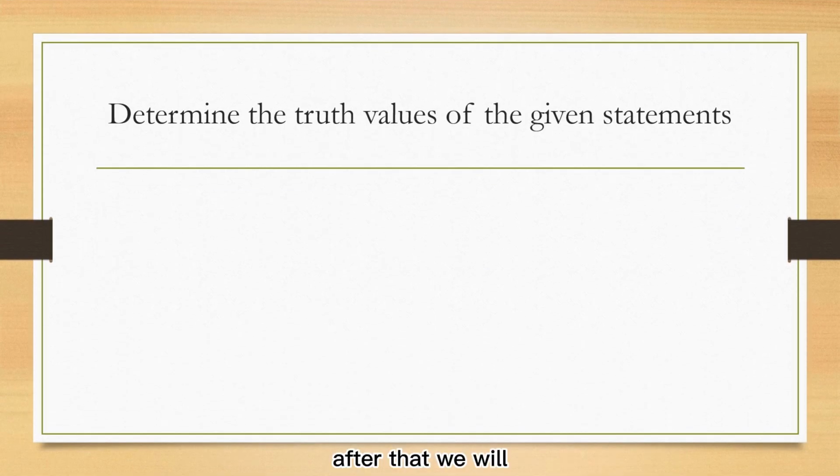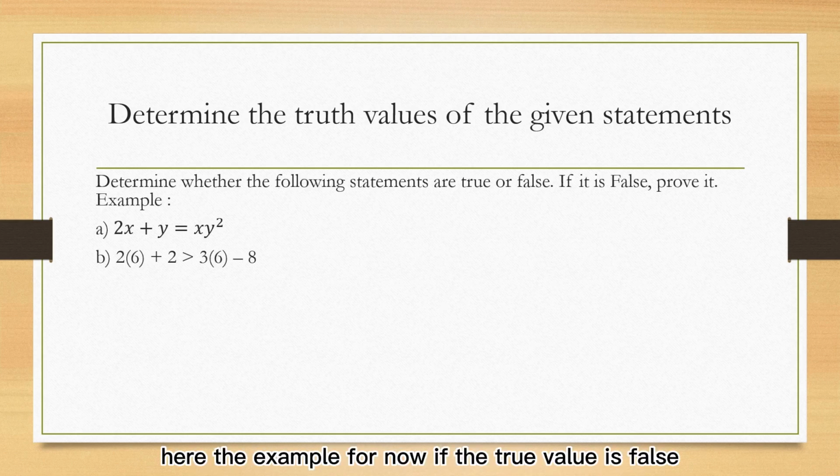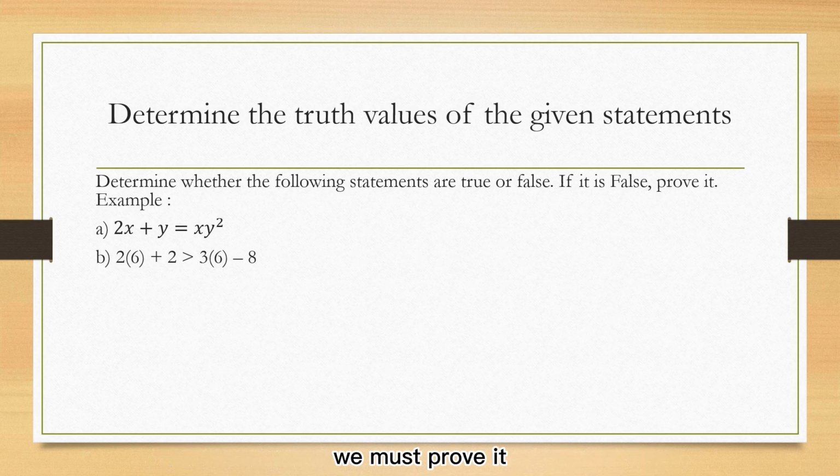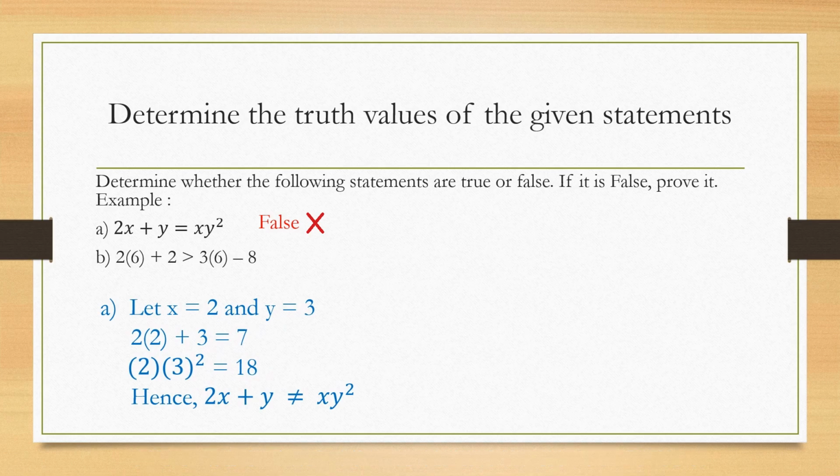After that, we will learn how to determine the true value of a given statement. Here is the example. If the true value is false, we must prove it. Question A. 2x plus y equal to xy power 2. As we can see, the true value is false. But in order to prove our answer, we need to prove it.